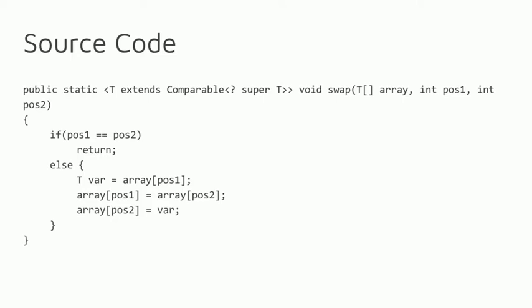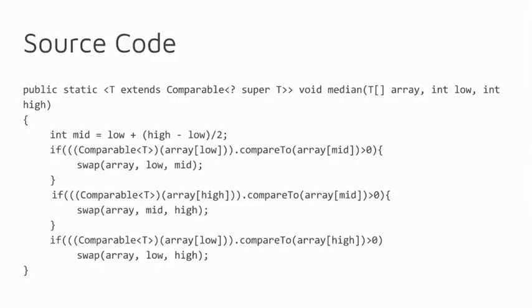Now, let's look at an example of the implementation of a quicksort algorithm using the median of three scheme. Like most quicksort algorithms, it consists of mainly three functions, two of which are helper functions for the actual recursion function. Firstly, we have a simple method that is used for swapping the position of the elements. Secondly, the next function is to find the median of three of an array, and the parameters of this function are the array to be sorted as well as the position of the first and last element.